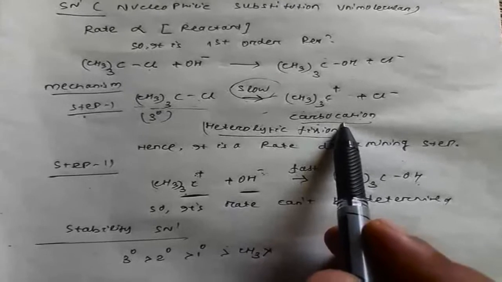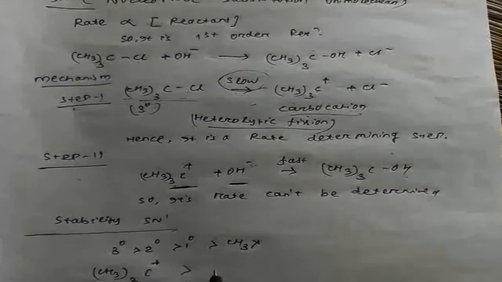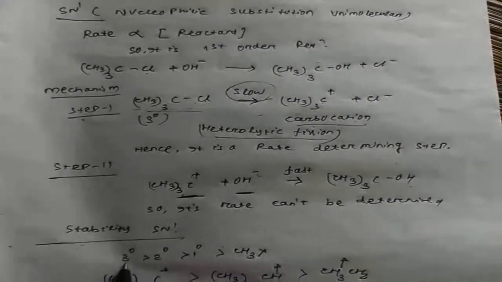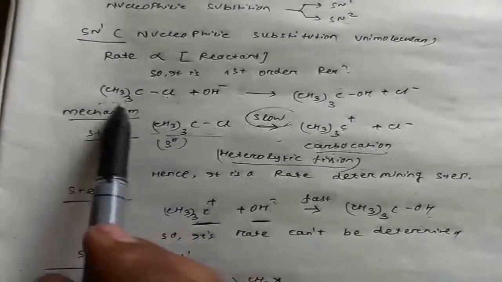The stability order of carbocation is tertiary, then secondary, then primary. So we take the example of tertiary alkyl halide in the case of SN1 reaction.